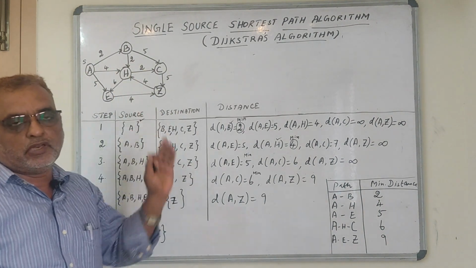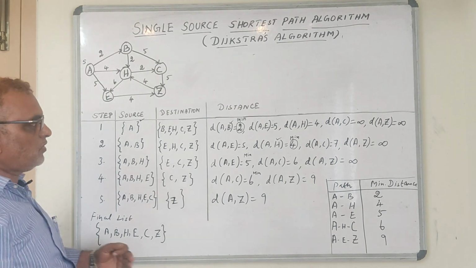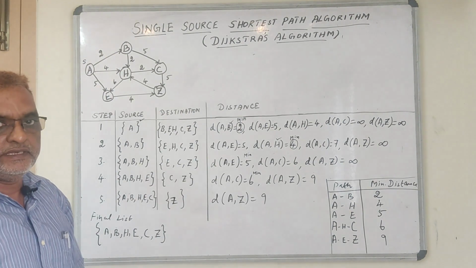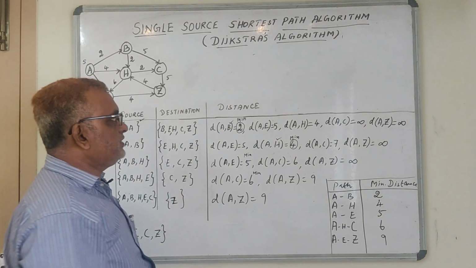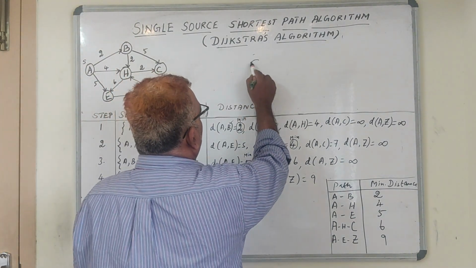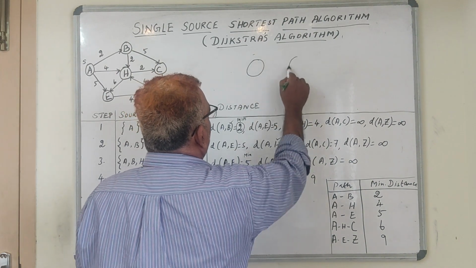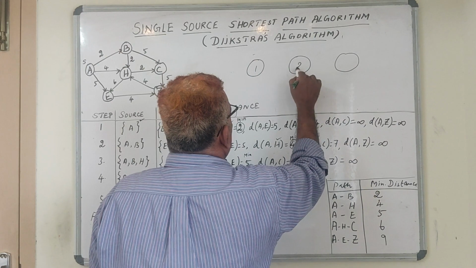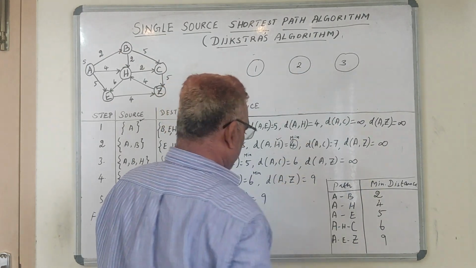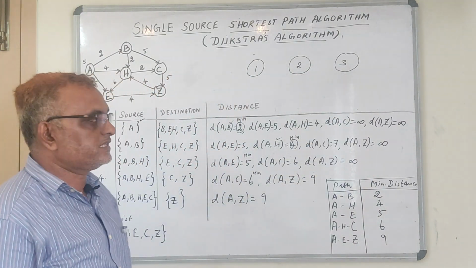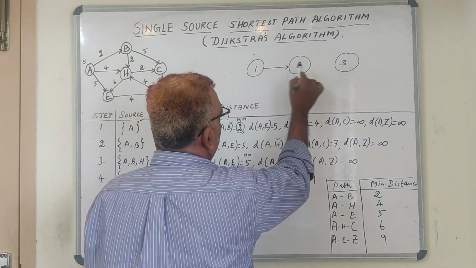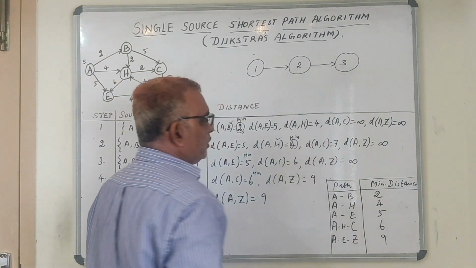And this particular problem can be solved using Dijkstra's algorithm, which uses a technique of selecting the minimum cost to reach a destination from a source. Let us consider we have 3 nodes, 1, 2, 3.